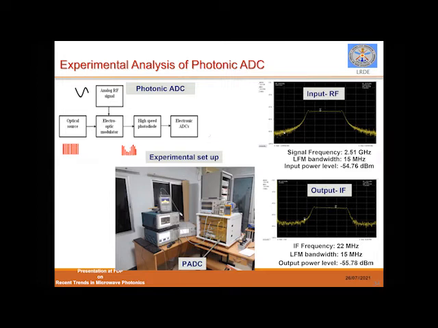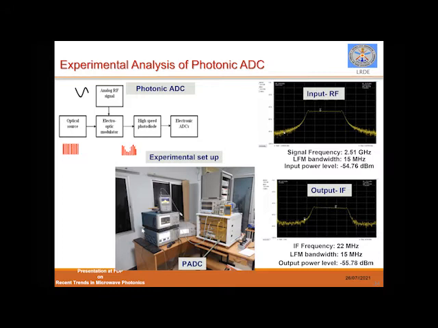So directly I can generate the baseband. Even if I give 40 gigahertz or 10 gigahertz or 5 gigahertz, I can generate the baseband signal here. And after that, this electronic ADC is used only for converting to digital samples. So these samples can be taken further to the signal processing unit for further processing.